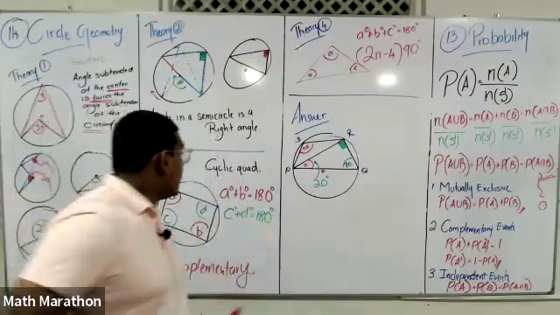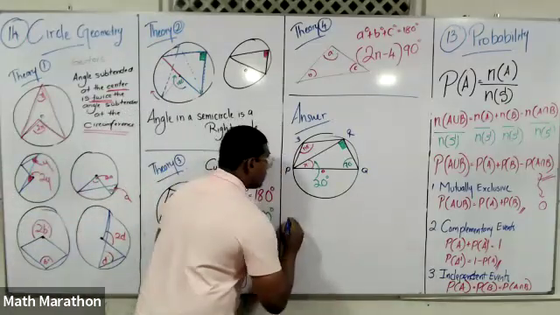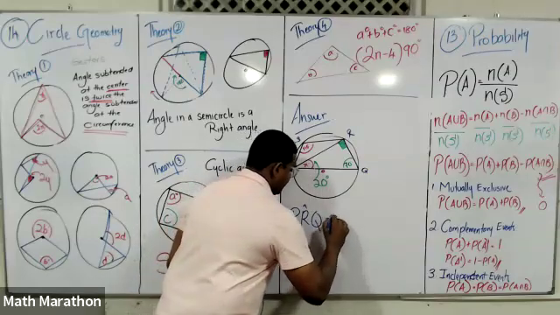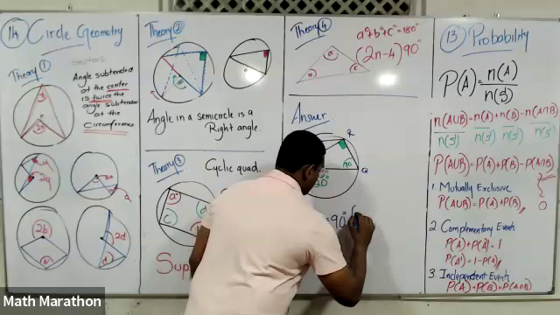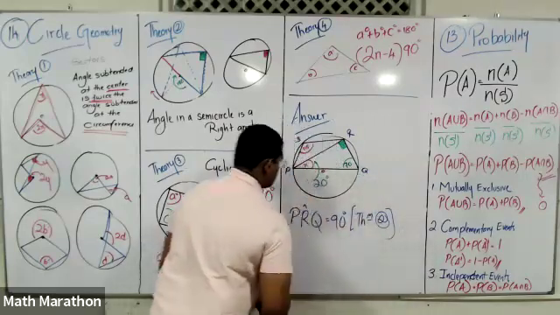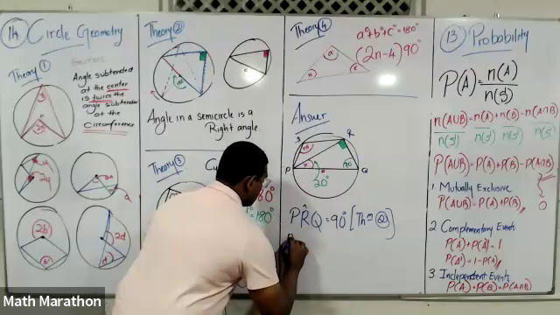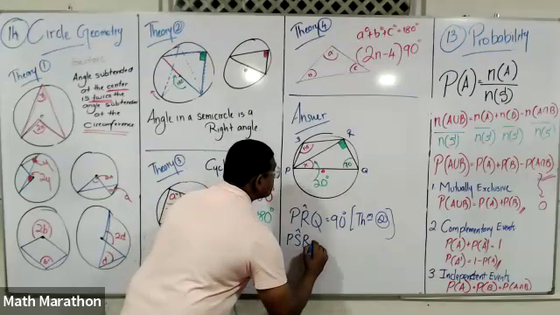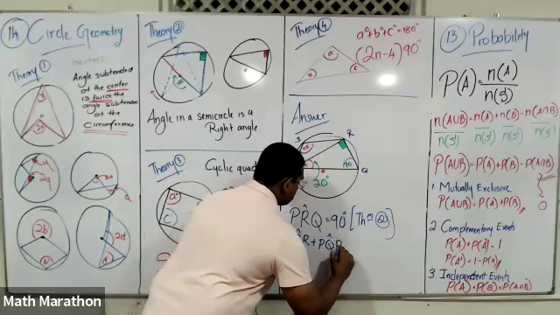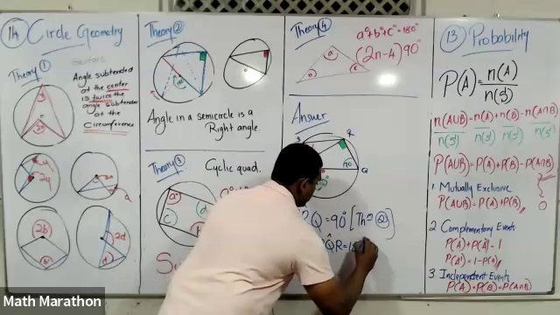So here, what do I write? PRQ is 90 degrees. Why? By theorem 2. Then PSR plus PQR equals 180. Why?